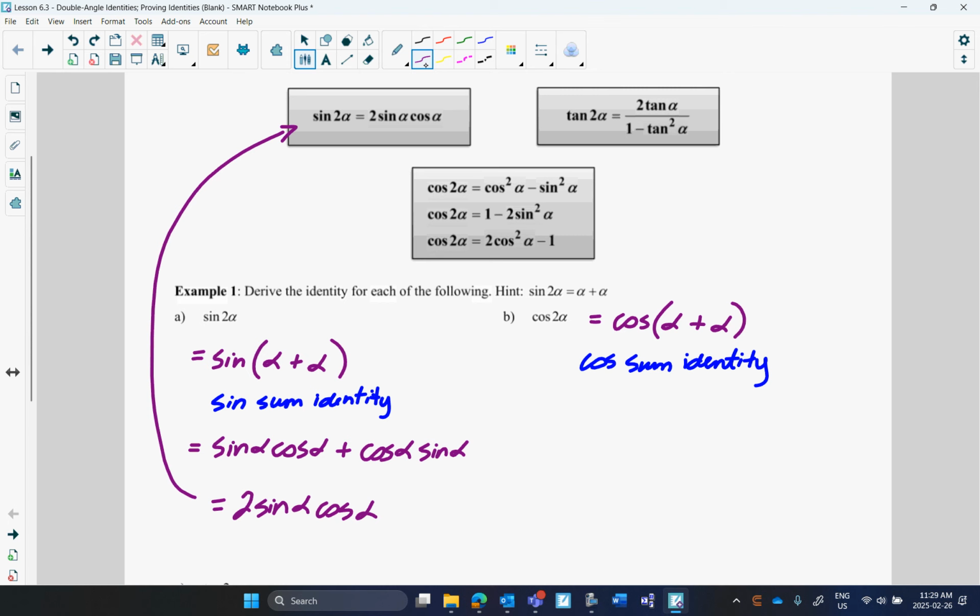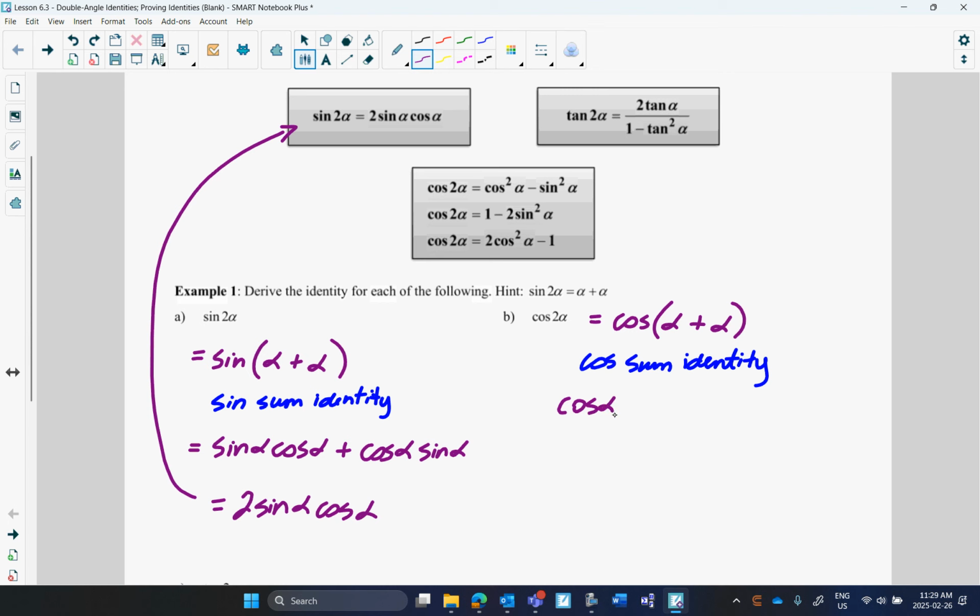I'm doubting myself. Cos minus sine, not sine minus cos.